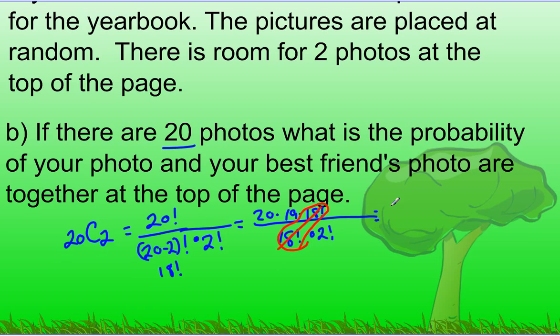What's left? 20 times 19 over 2 times 1, giving you 380 over 2. That's 190 total. So there's 190 total ways. If there's 20 pictures, 190 ways you can pick 2 of them for the top of the page. Only one of them will have you and your best friend together. So the probability of you and your best friend being at the top of the page together is 1 out of 190.